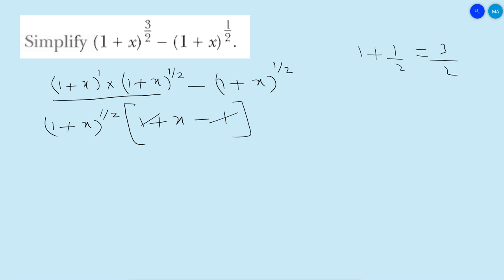Minus 1 cancels by 1. So the final answer is x into (1 plus x) to the power 1 upon 2. This is the answer of question number 7. x multiplied by (1 plus x) to the whole power, or you can say exponent 1 upon 2.